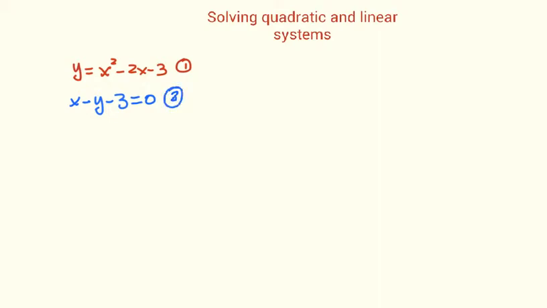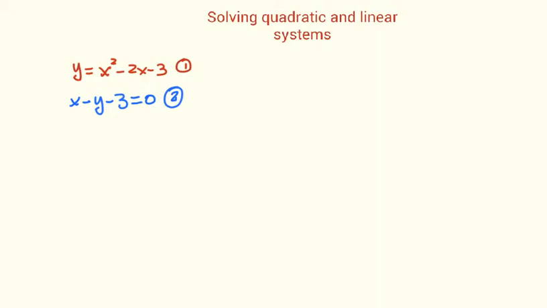So finding the solution, what does that mean? What does it mean to find the solution to this system? Meaning that I want the x and y value that will make this equation true and will also make this equation true. And the only point that will do that is the point of intersection.